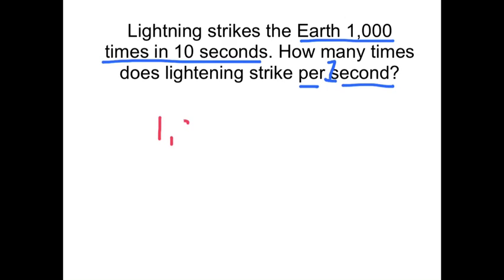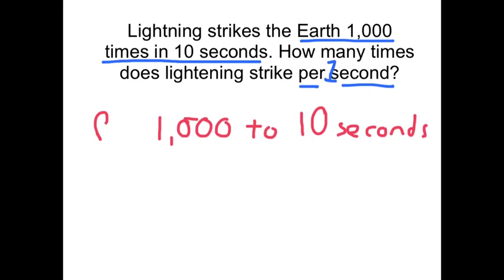There's 1,000 lightning strikes in 10 seconds. This is our rate. It's asking per 1 second, so we need to change it to a unit rate.